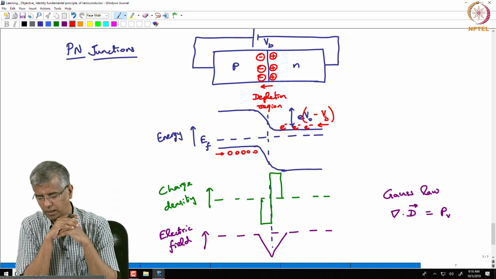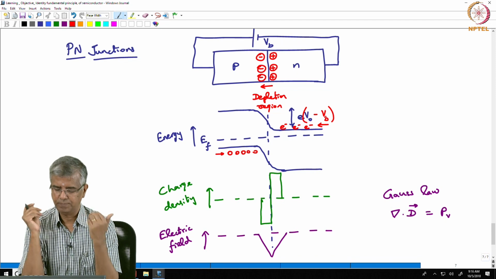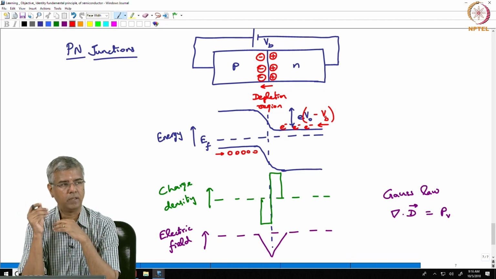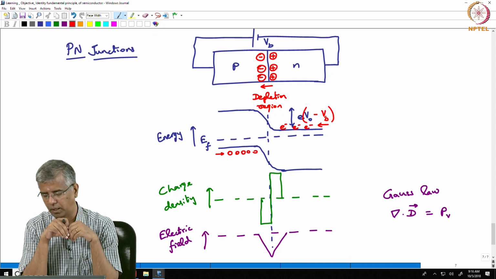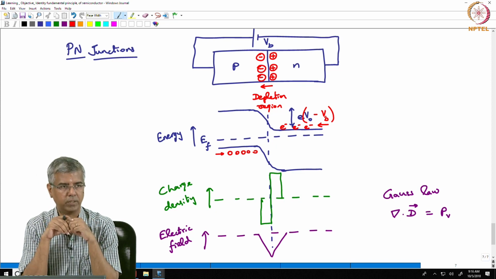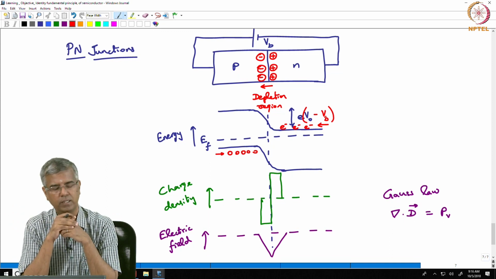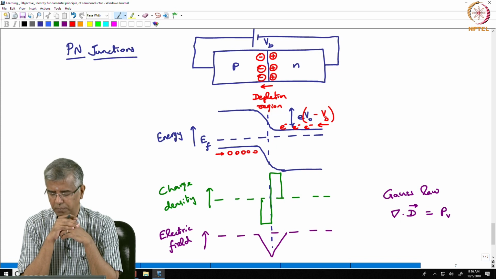So, it does not allow movement of charges. So, you would say that under reverse bias condition your diode does not conduct, and under forward bias conditions, especially when you have a bias that nullifies the built-in potential, then you have a free flow of charges across this.